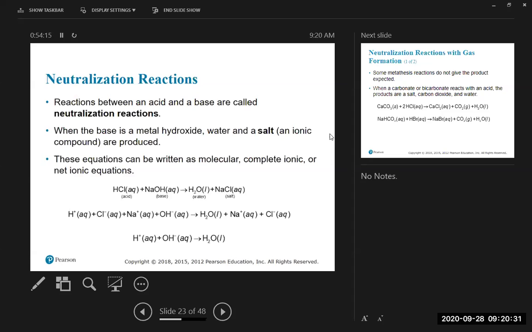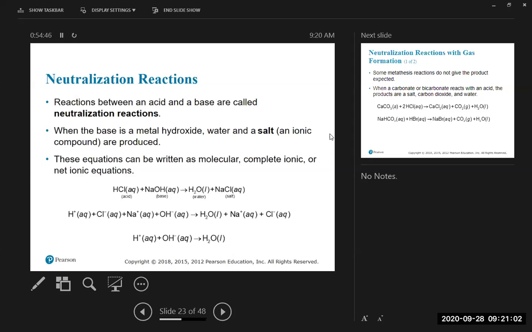Sodium hydroxide, we know that's a strong base that dissociates, so we have Na+ OH-. And then that goes to form water, which we know is H2O, and then sodium chloride. Once again, going back to our solubility rules, we know that sodium and chloride will be in the ionic form. So that gets us to our complete ionic equation, and that tells us what it looks like in the solution.